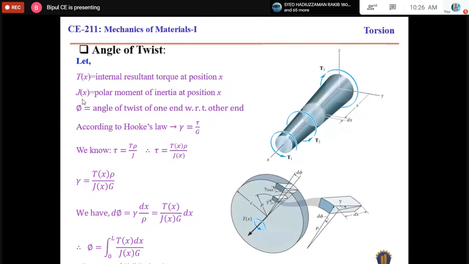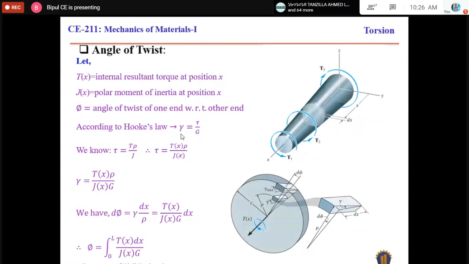Phi is the angle of twist of one end with respect to the other end, that means the total angle of twist of the free end with respect to the support.